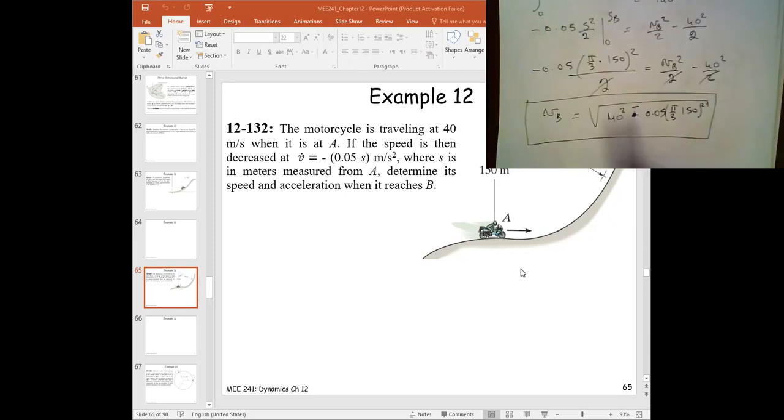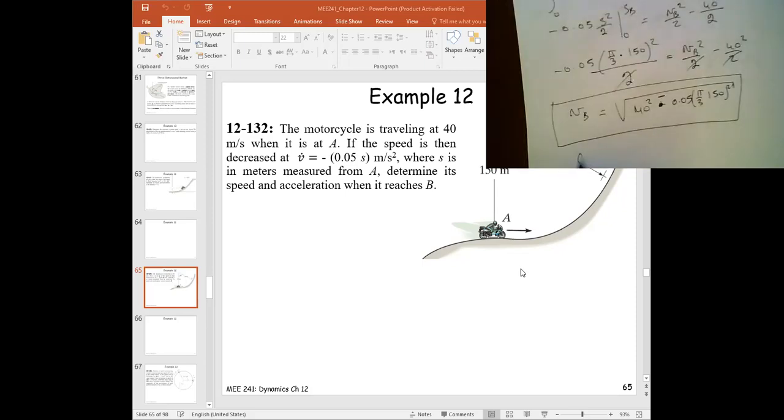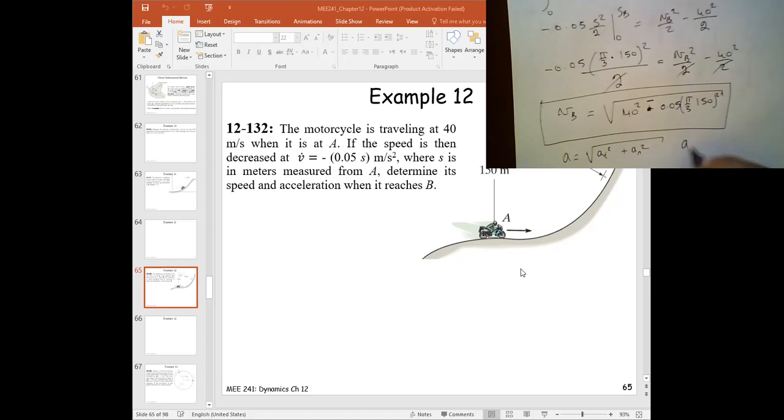If you were to find the acceleration at B, you're going to have the square root of AT squared plus AN squared, right? What is AT? AT is given to me directly as a function of the position, so AT is minus 0.05 times S, where S is pi over 3 times 150.